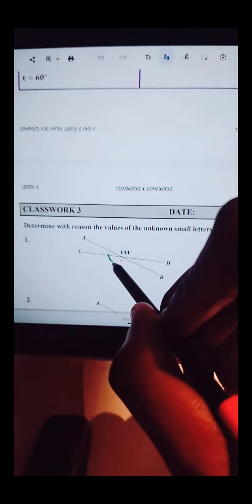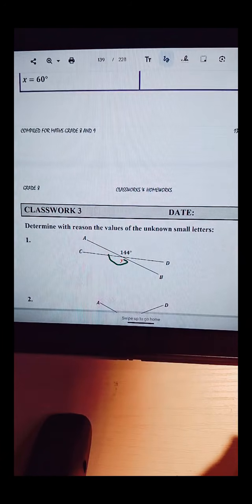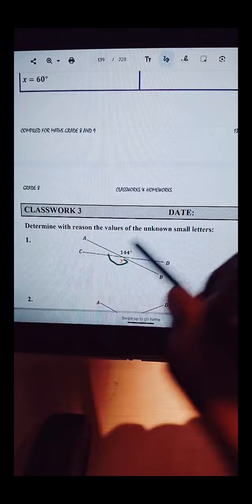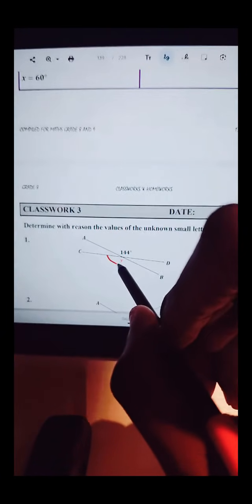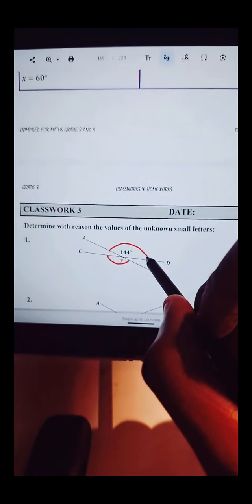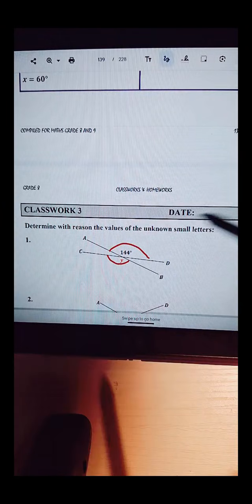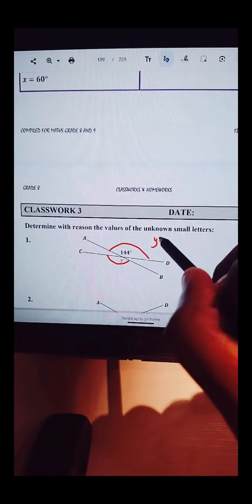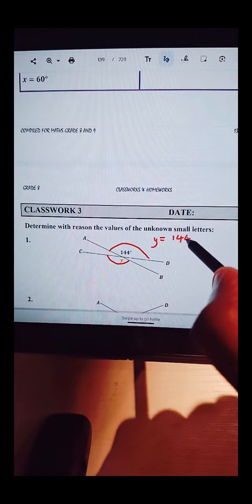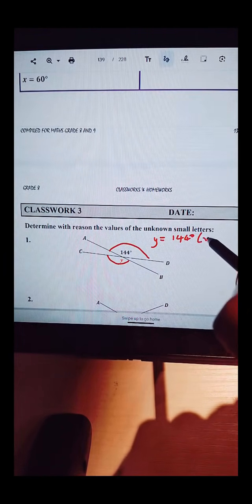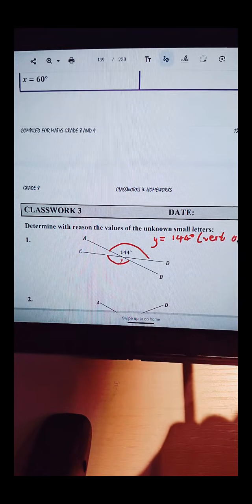So yes, guys, this y. This AB and CD are intersecting lines. So y and 140 are vertically opposite angles. So that means y is equal to 144 degrees. Reason: vert op angles.